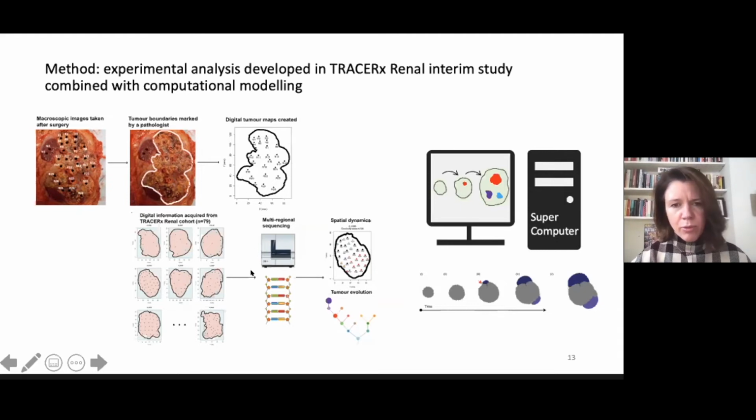And this allows us to do a whole range of analyses, such as a correlation between genetic distance and spatial geographical distance. This can be a surrogate for clone fitness, for example. We were particularly interested to understand the locality of metastasizing clones and also to interrogate whether clonal expansions were contiguous in nature or whether there was evidence of clonal migration.